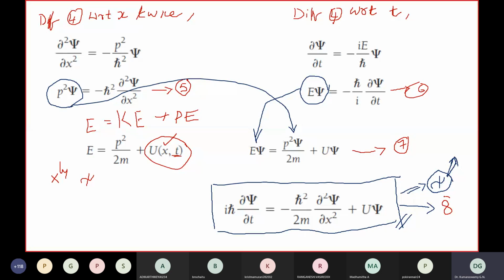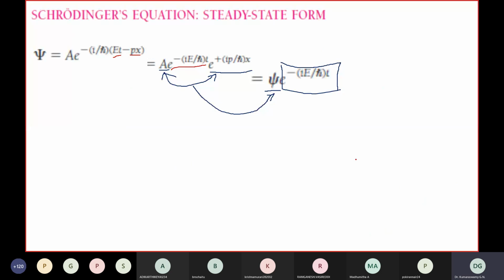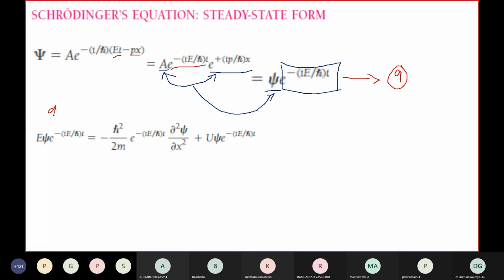Okay, now call it equation number 9. Next, substituting equation 9 in 8.